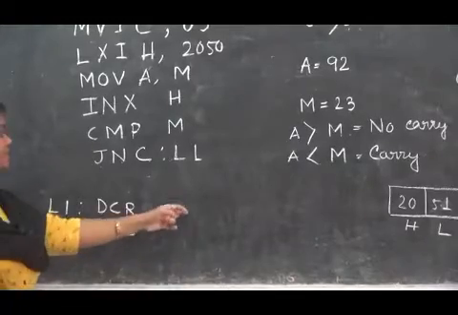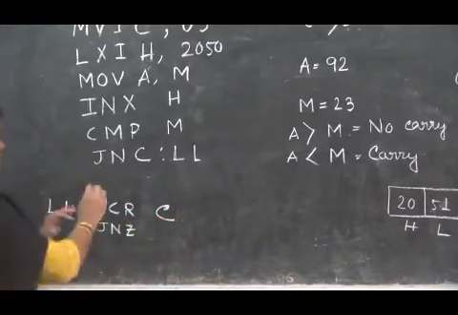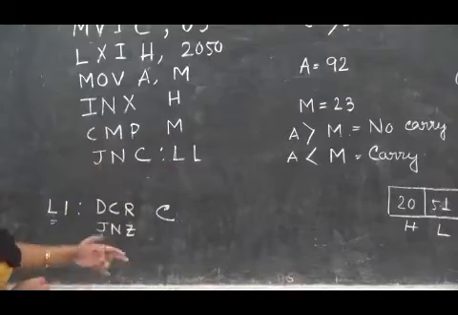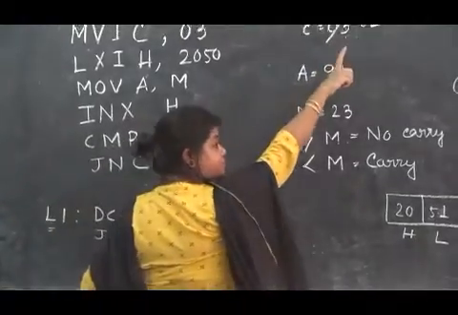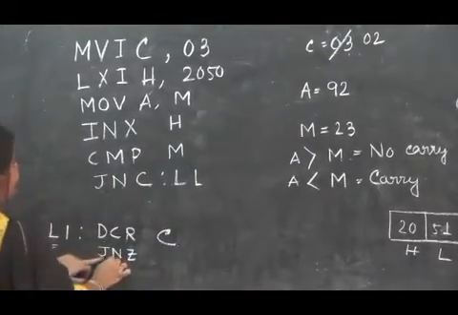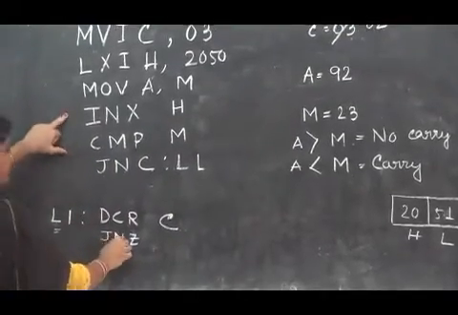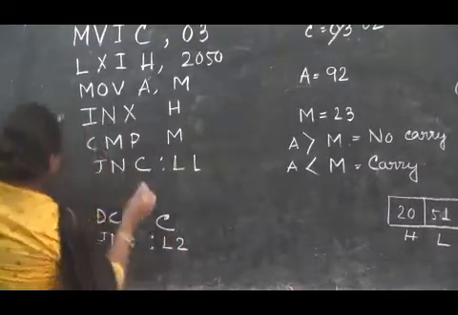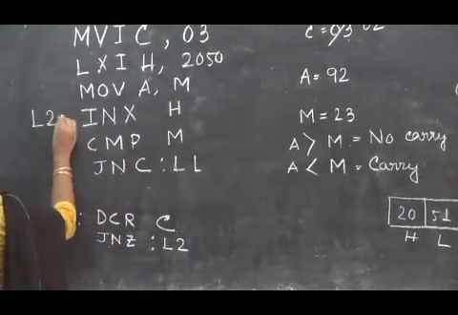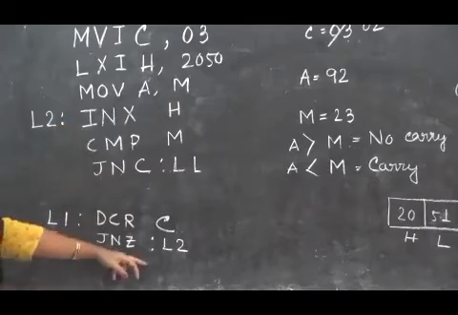If the value of C is not 0, then the process will continue again. We can see that the value of C is now 02, so it will return back to this location. This is location 2.